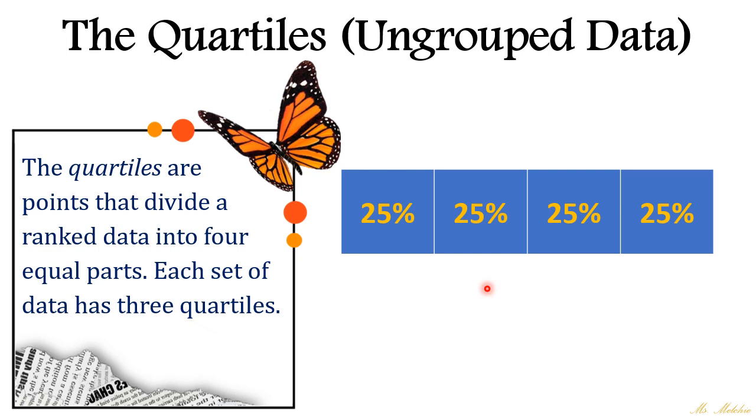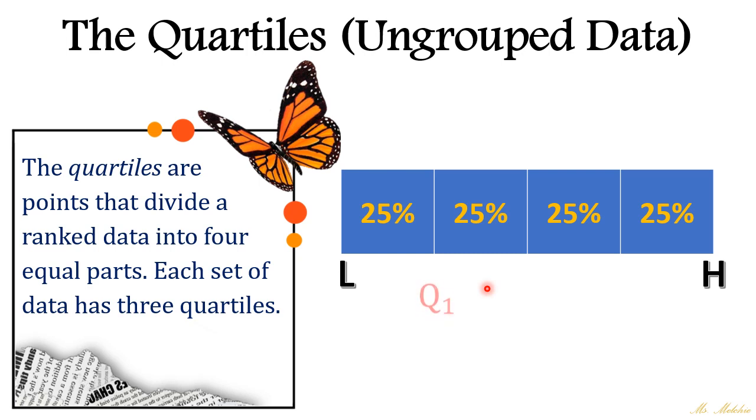Now, if we are referring to values, scores, or numbers, we couldn't deny the fact that we have a lowest value and a highest value. To determine our quartiles, as mentioned, each set of data has 3 quartiles.